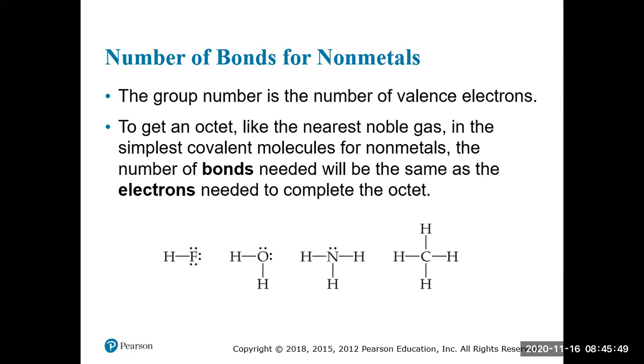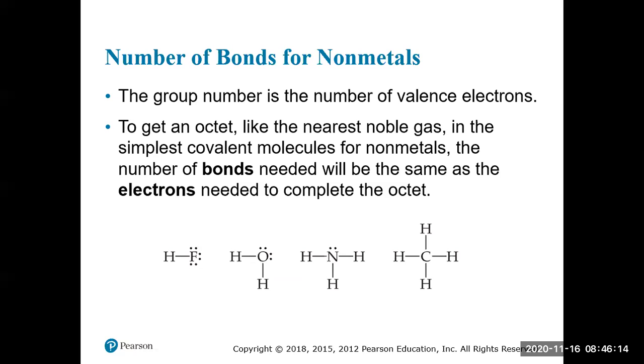We see HF, where fluorine we know has 7 electrons around it because it's in the 7A group. And we see that if we share 1 electron with hydrogen, and hydrogen only has the 1 electron, then we're able to complete the octet in that fluorine atom.